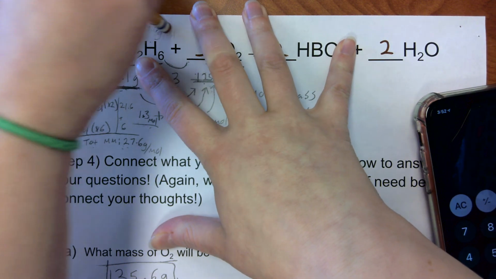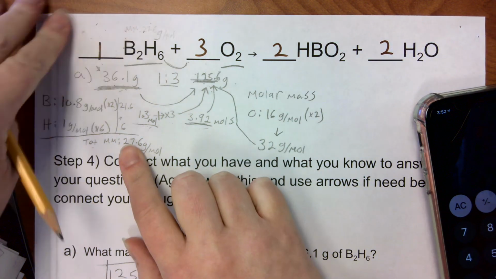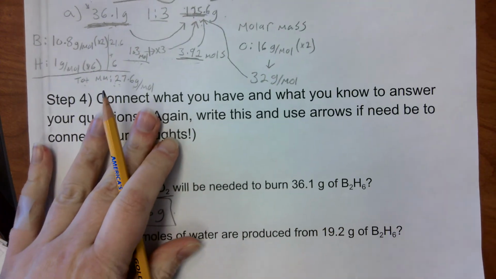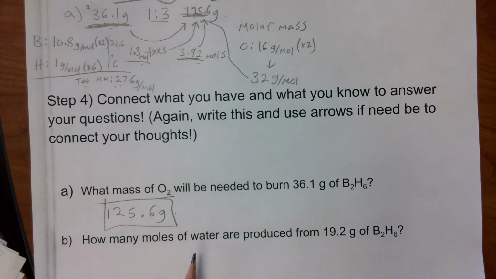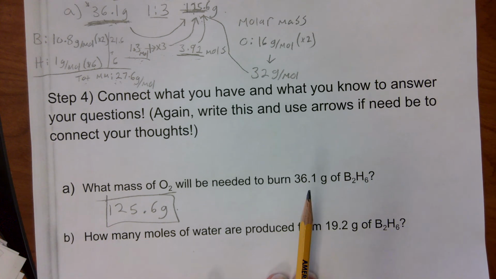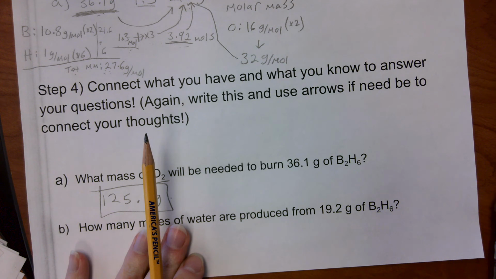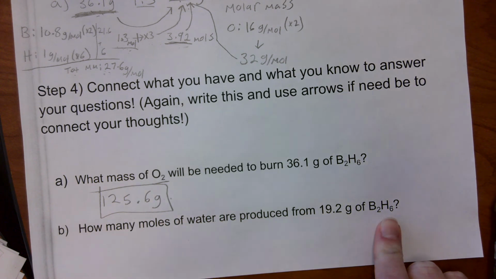I'm going to erase our molar mass since we already have it down here. I'll use it for over here. So our second question says, how many moles of water are produced from 19.2 grams of our diboron hexahydride?